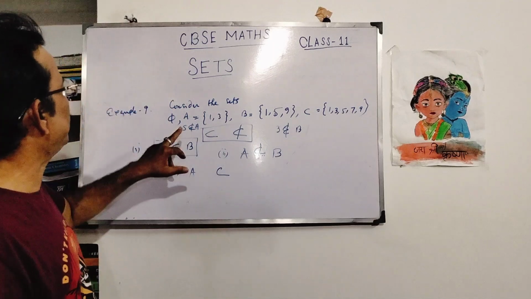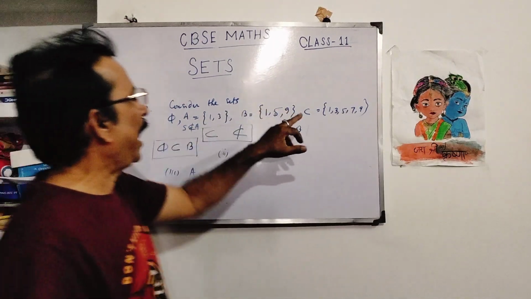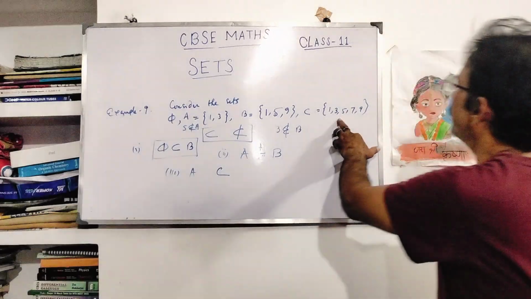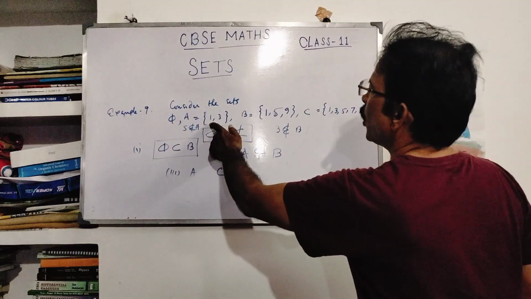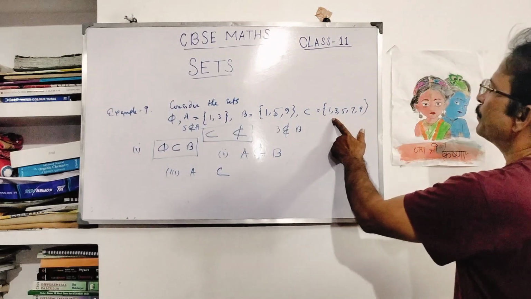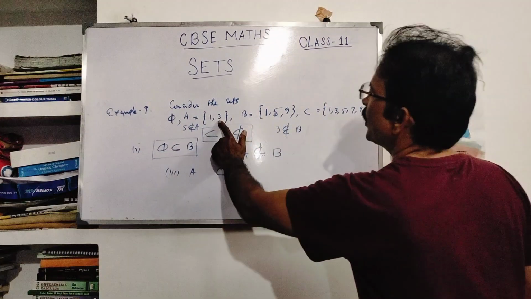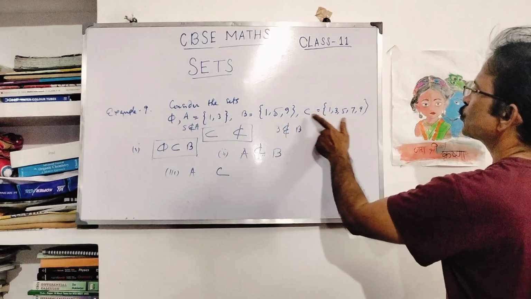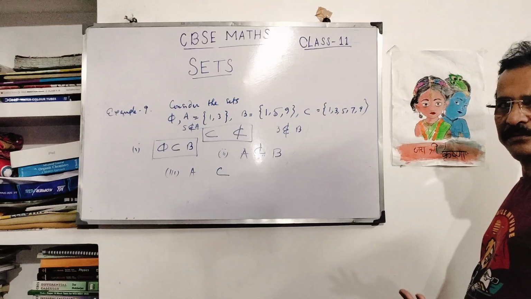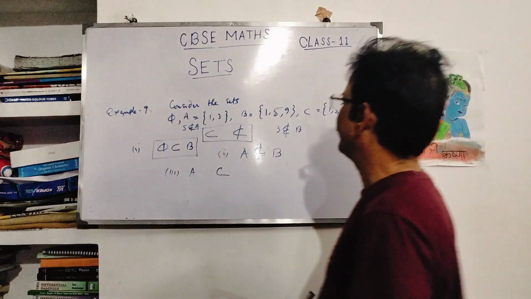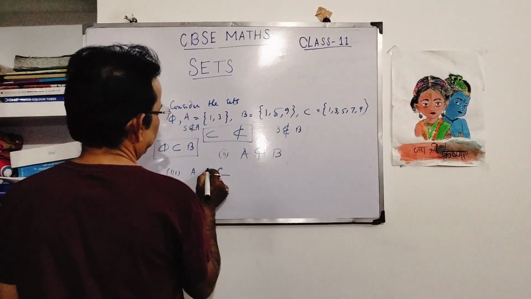Here there are two elements, 1 and 3, and here 1, 3, 5, 7, 9. 1 belongs to A, 1 belongs to C. 3 belongs to A, 3 belongs to C. It is a subset.